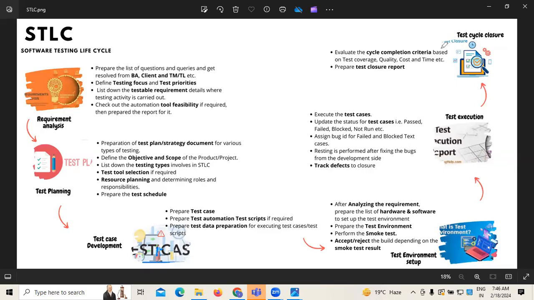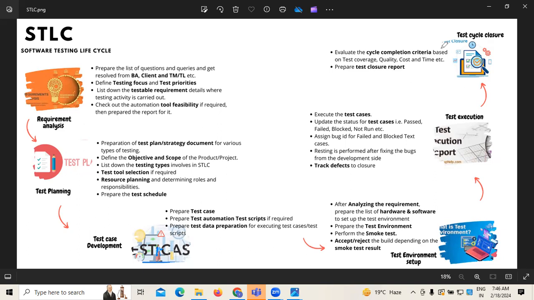But when it comes to the testing lifecycle, what are the different phases in testing? These are all the different phases of testing that we have. Being a business analyst, we are the ones who give the requirements to the customer, so it's always important for us to prepare these well in advance.